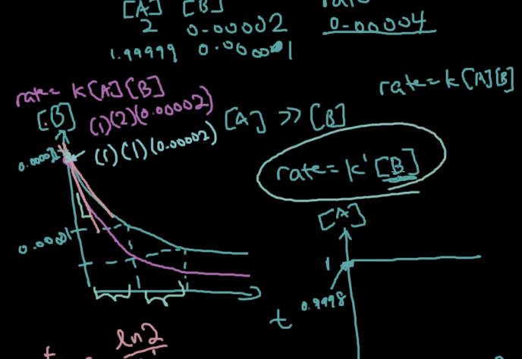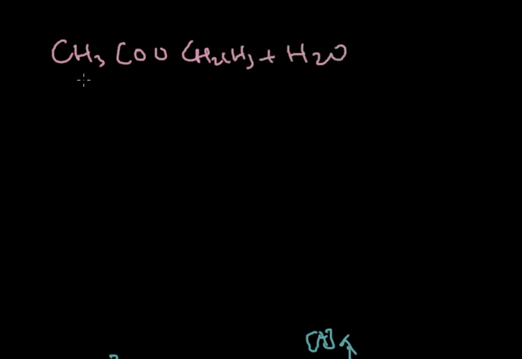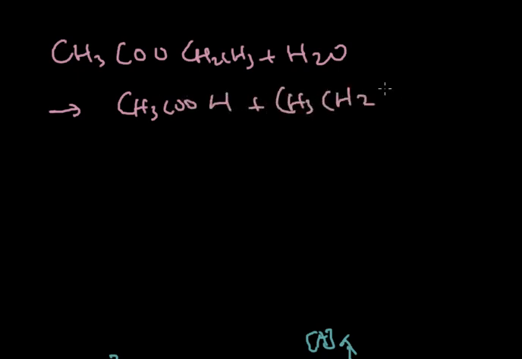So what other cases can we approximate for pseudo first order? If the solvent is a reactant. Suppose we have an example given by the lecture notes here, which is CH3COOCH2CH3 plus H2O, the hydrolysis of an ester, becomes CH3COOH plus CH3CH2OH.